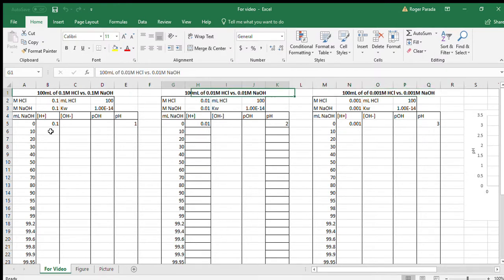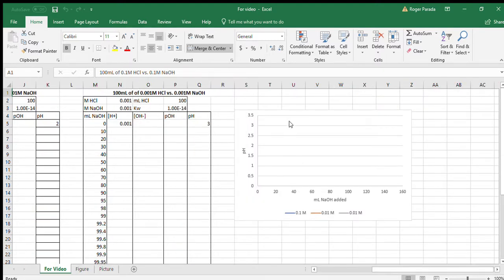And we have our three tables here, and I have a blank chart over here, as you can see. And I've already set it up so that we have our volume of base added versus the pH. And when we fill in our charts, this graph will fill in as well.